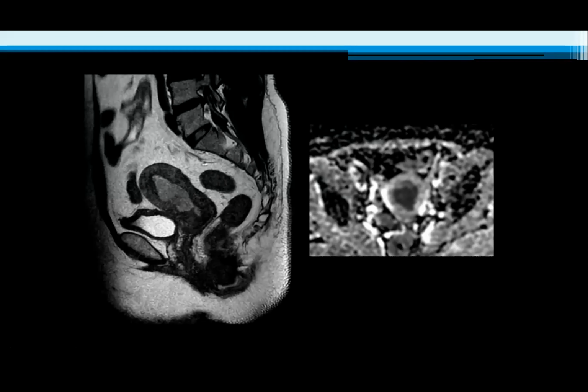So these are the DW images and ADC maps which are showing restricted diffusion, and you can see in this image, this is a zoomed image of axial T2 sagittal sequence, where you can see a small part of the tumor is extending into the cervix. It's only an endocervical lesion, so we can stage it as 1A.